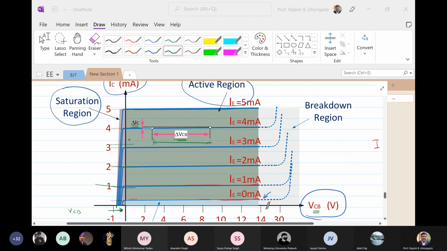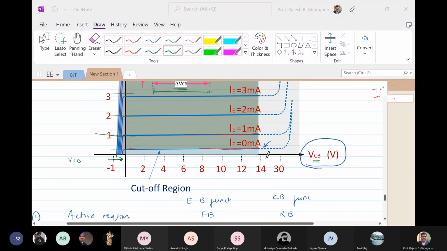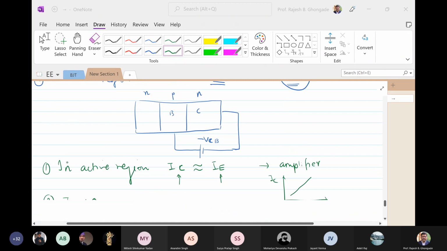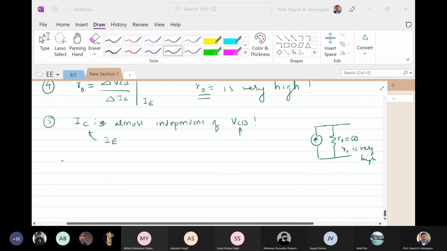Another interesting thing happens. ये dotted lines जो है ना, और एक region है, इसको बोलते हैं breakdown region. So after a certain value of VCB, suddenly current will start flowing in a large way. Okay, so this is one more observation.